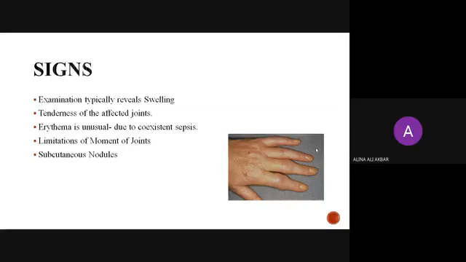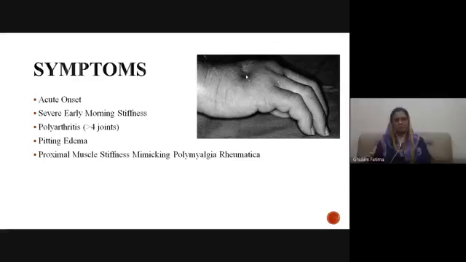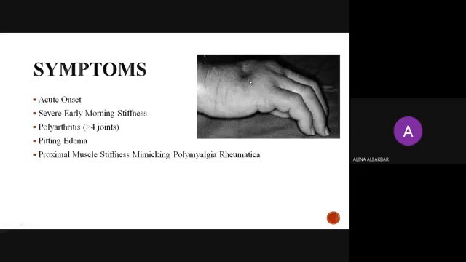There is limitation of movement of joints and subcutaneous nodules. In symptoms: acute onset, severe early morning stiffness, polyarthritis, more than 4 joints, pitting edema, shown in this picture, and proximal muscle stiffness, mimicking polymyalgia rheumatica.